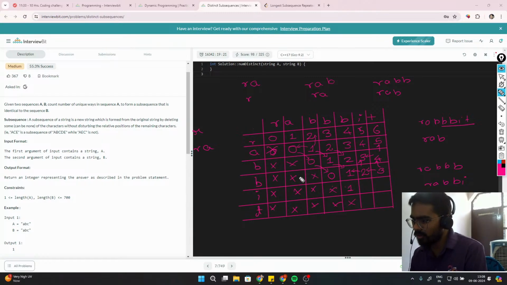If they did not match, so minimum plus 1, I need to remove one character, but they both are same. If I remove this, it will be RABB, not RABBI.